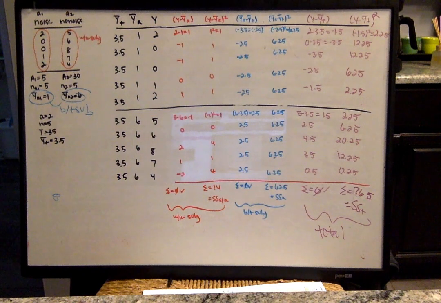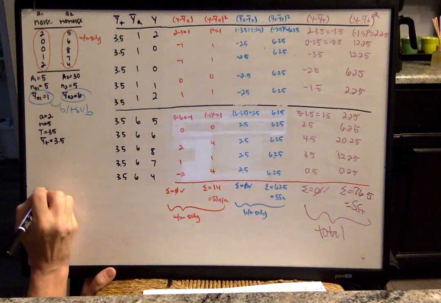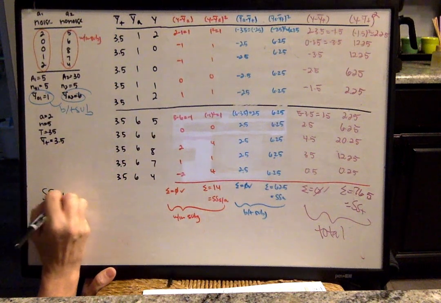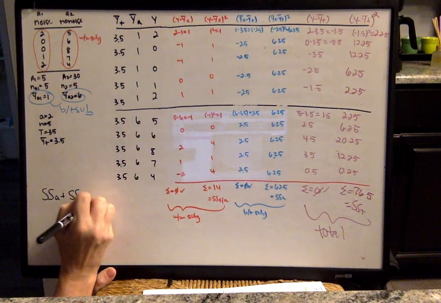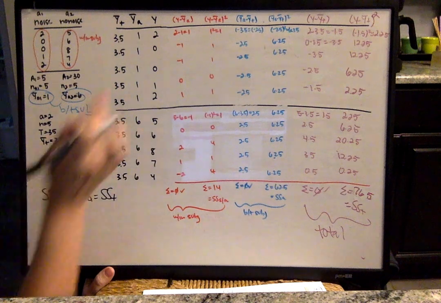Before I end this video, just a few interesting points. First of all, there's one more check that you can do, and we're going to use this moving forward. Our sum of squares a plus our sum of squares s over a should equal our sum of squares t. Let's see if that's true.